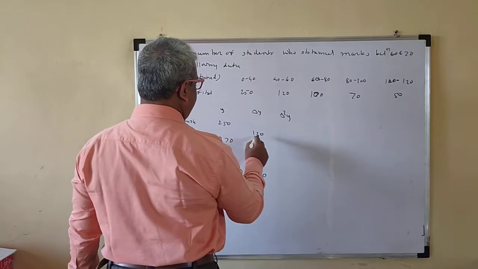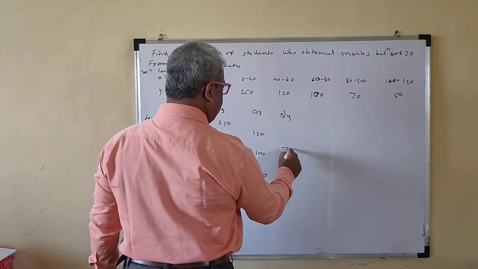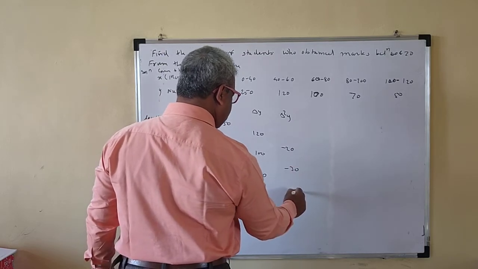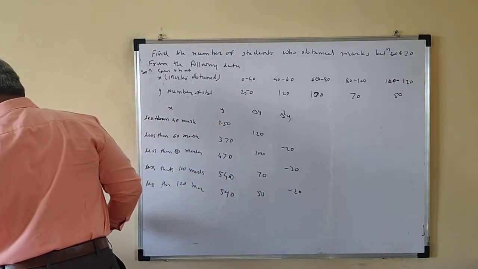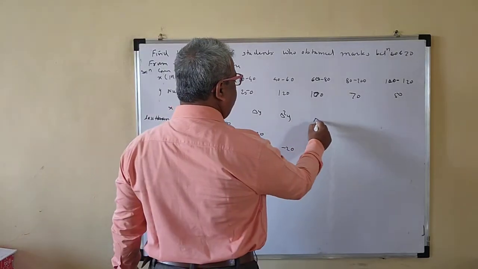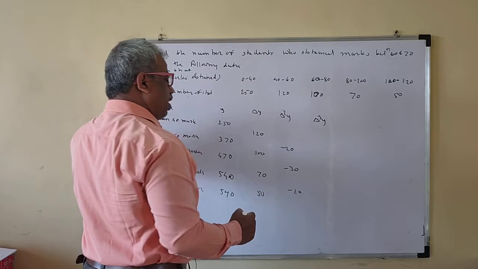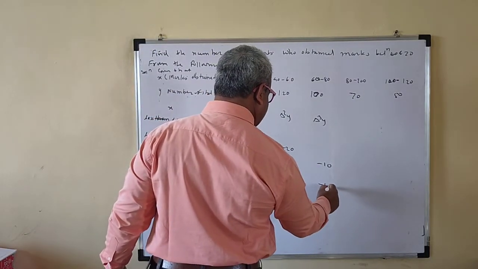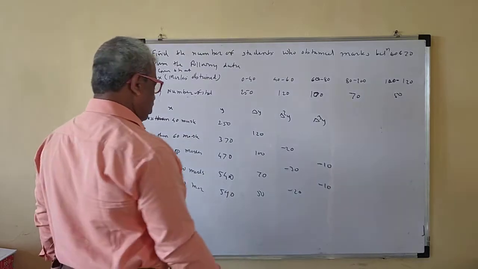So 120, 100 minus this is minus 20. This is minus 30. Then minus 20. Okay, doesn't matter if you get a value of minus. So del cube y is what? Minus 10. Then this is plus 10.